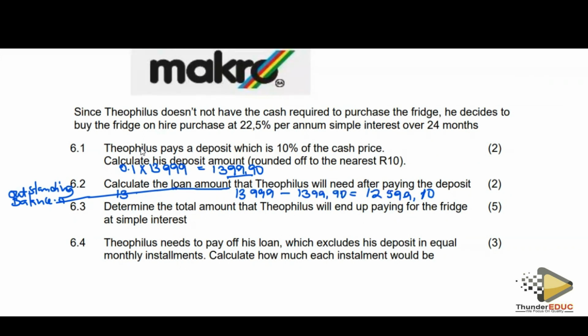And we go determine the total amount. Take note. Total amount that he will end up paying for the fridge at simple interest.